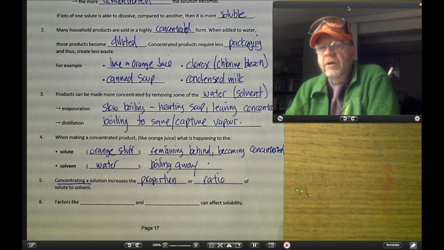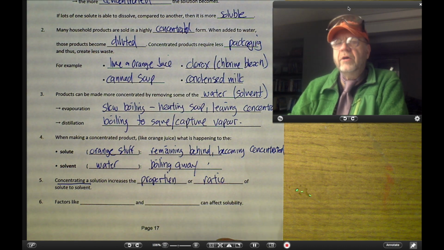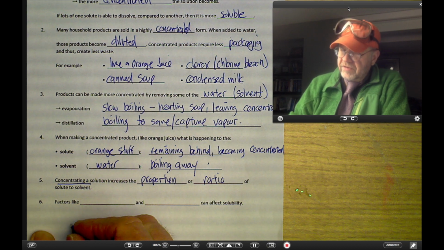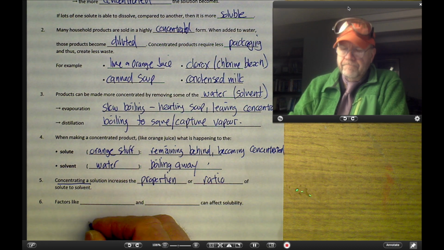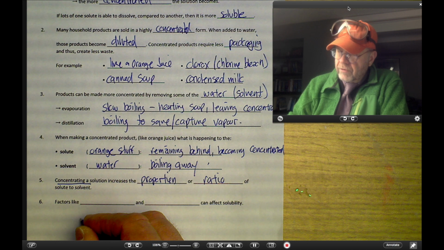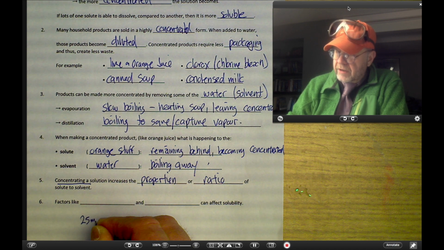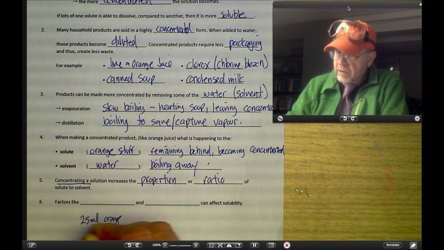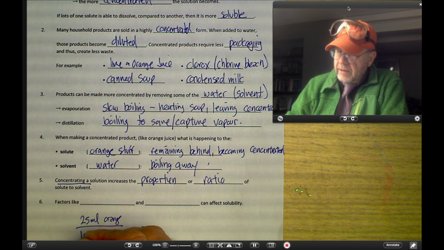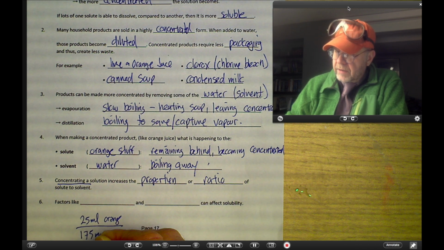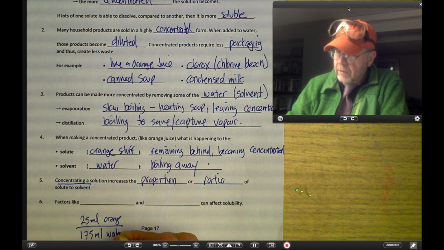Let's say we start off with 25 milliliters of orange and 175 mils of water.